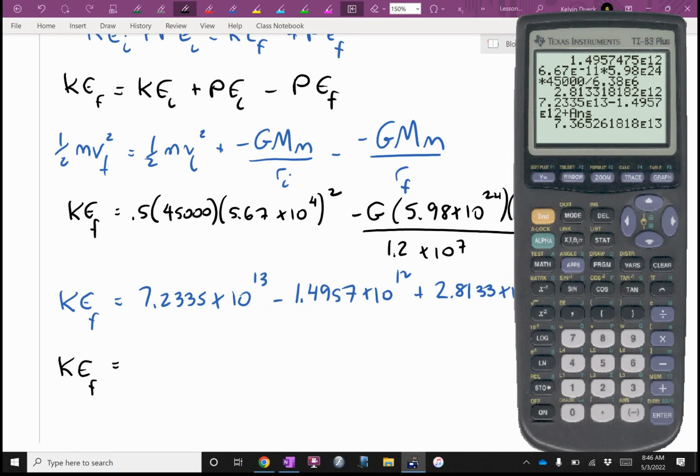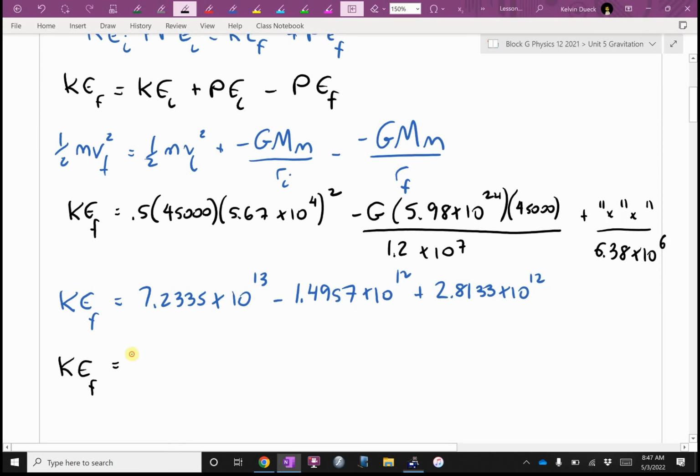And I get, I'm going to write 7.37 here. I would probably take 7.36 or 7.37 because of the 5 after the 6. We've done a whole bunch of sig figs and rounding, and this is not using our answer button all the way through. So I'm going to go 7.37 times 10 to the 13th joules.